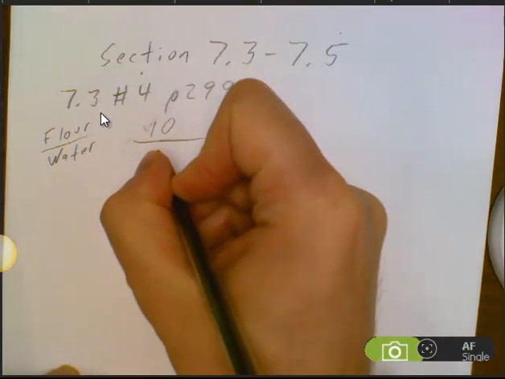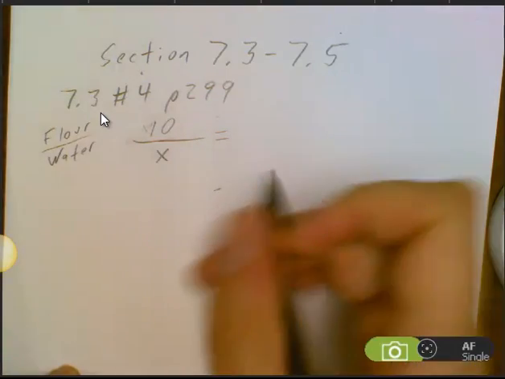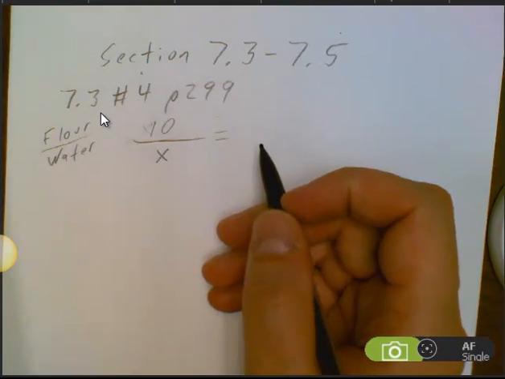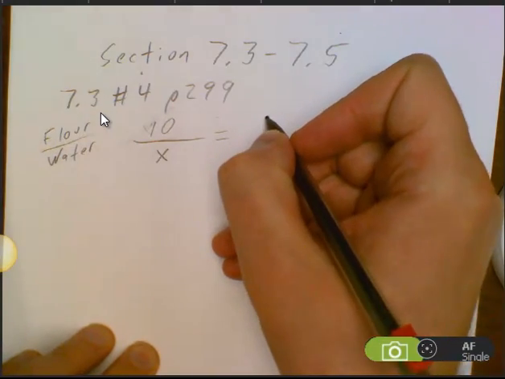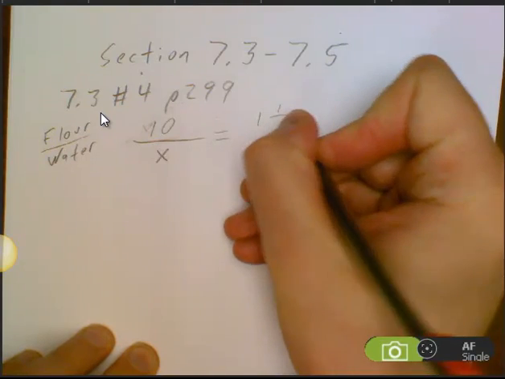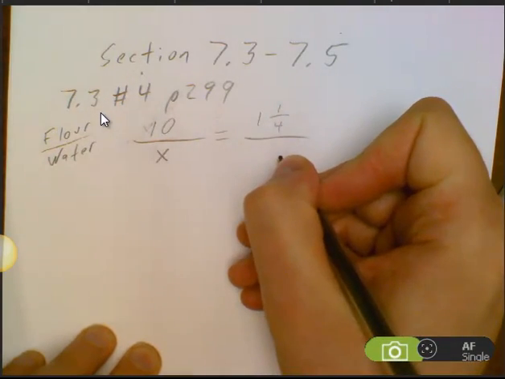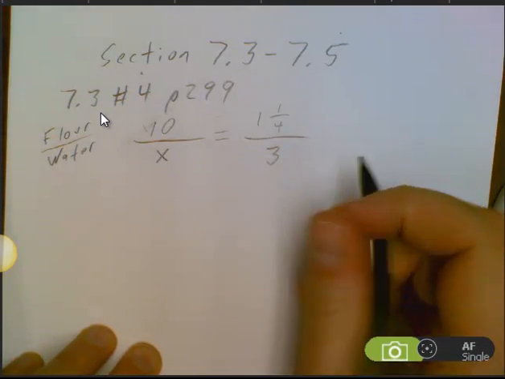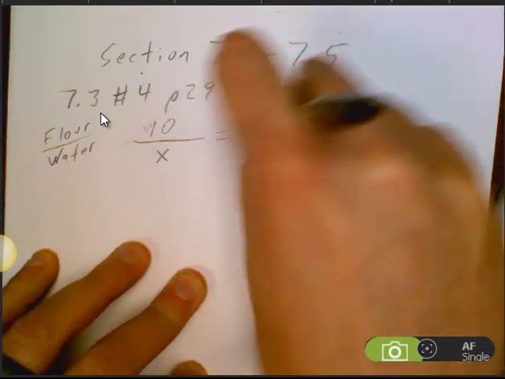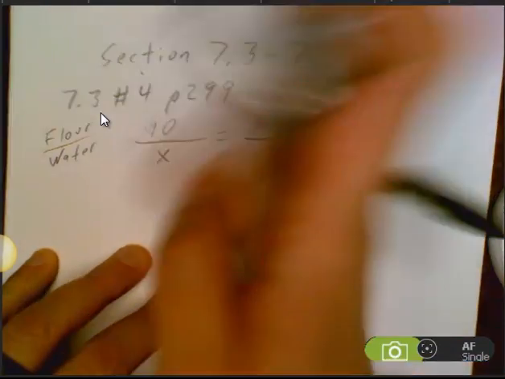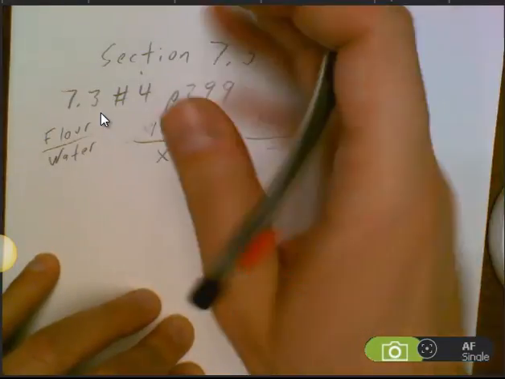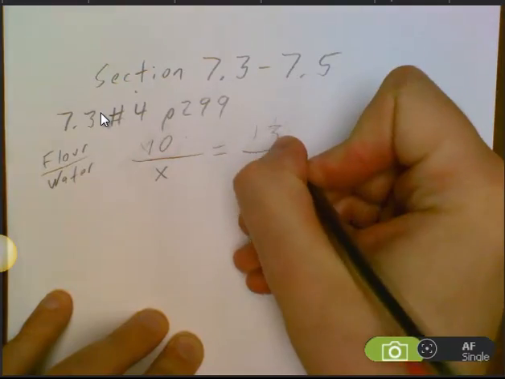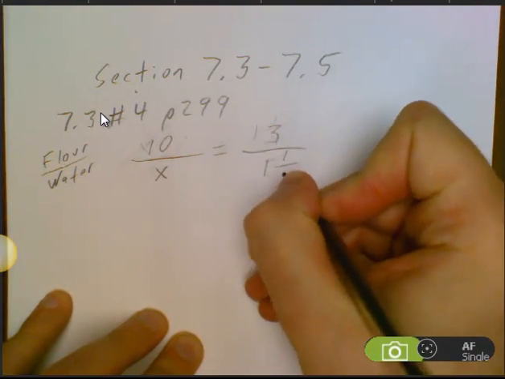We could go 10 over x, that's the one we want to find, is equal to, and this is our new recipe right here, and then in our old recipe we had flour, we had 1 1/4 over 3. No, I have it backwards. See, everyone makes mistakes doing math. That's why we use pencil. Flour was 3 and 1 1/4 was water.